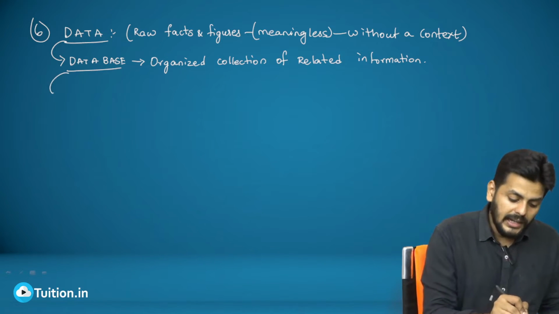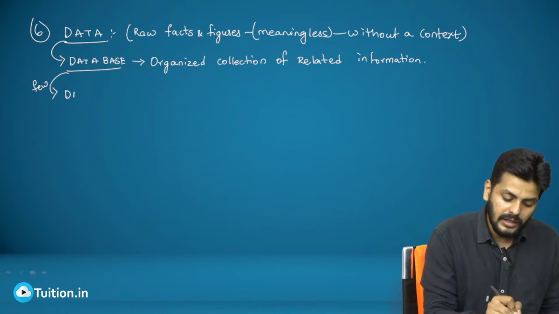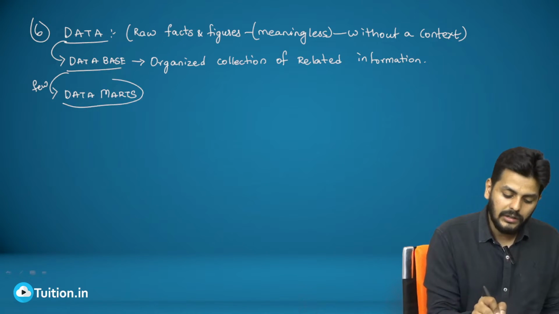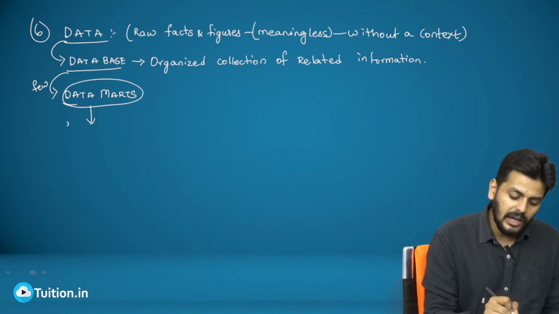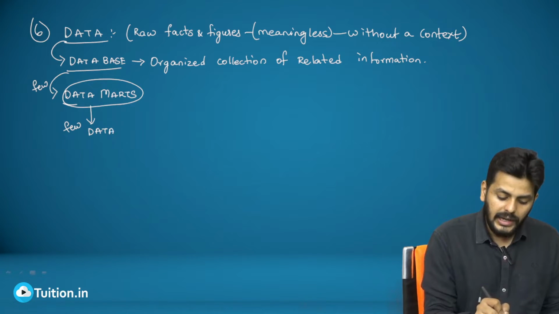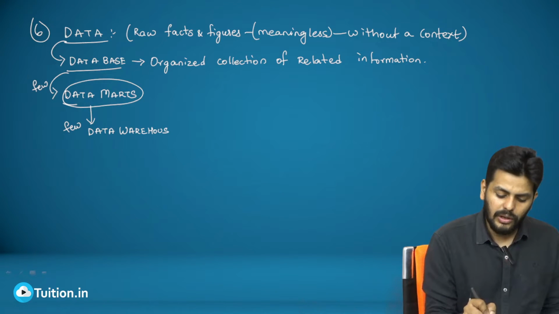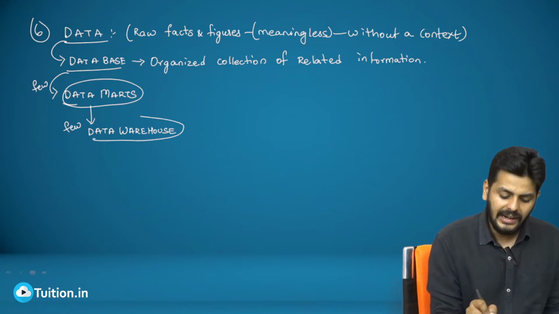A few small databases put together make what is called data marts. What does it make up? Data marts. A bunch of data marts put together, a few data marts put together, makes a data warehouse. In the second chapter, we already spoke about doing data analytics.